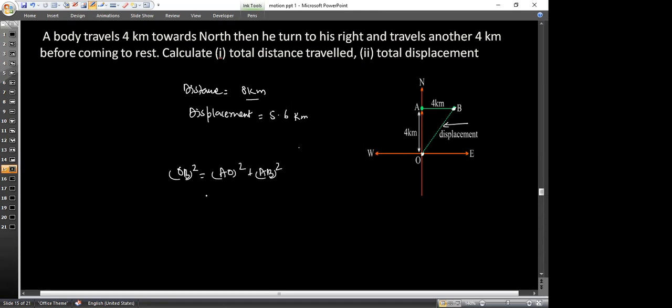Now you can write here, OB square is equal to 4 square plus 4 square, and that will be 16 plus 16, that will be 32. OB square is 32, then OB will be equal to the square root of 32, and that will be approximately 5 point something. So 5.65 kilometers will be the answer.